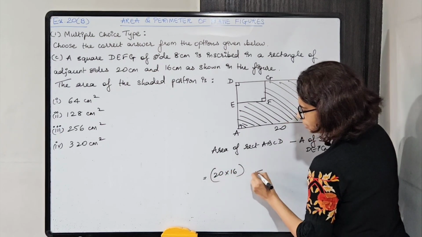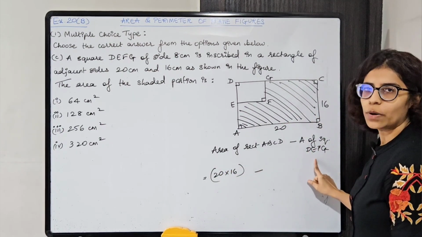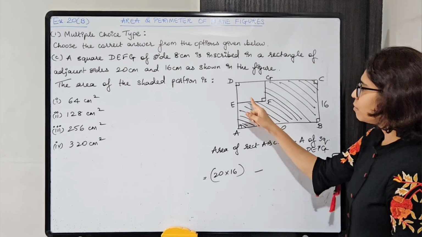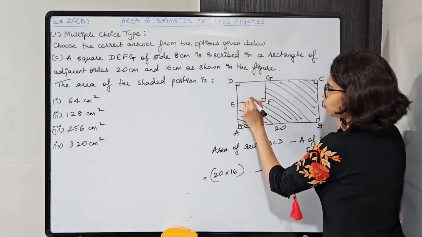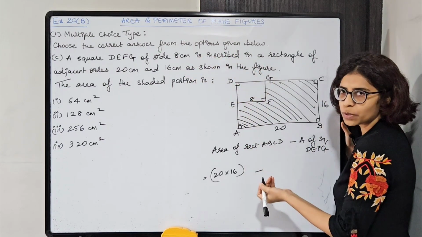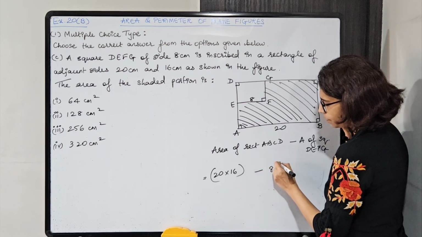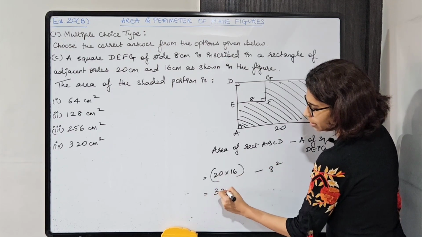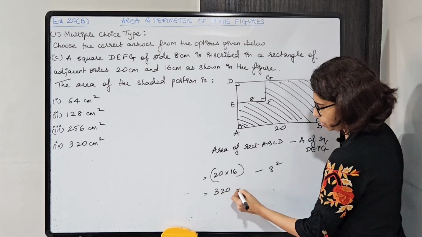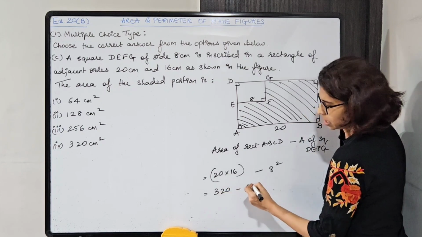Correct. And what will be the area of the square? For the area of the square, we are given the side. Side is 8 cm. So area of square is side square. Correct. So this will be 320 and this will be 64.